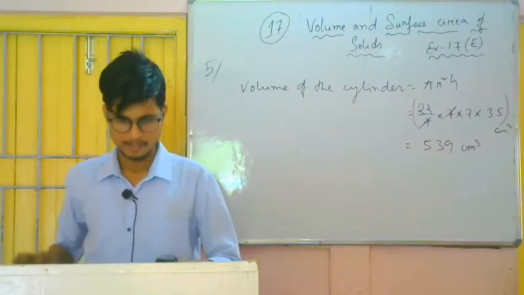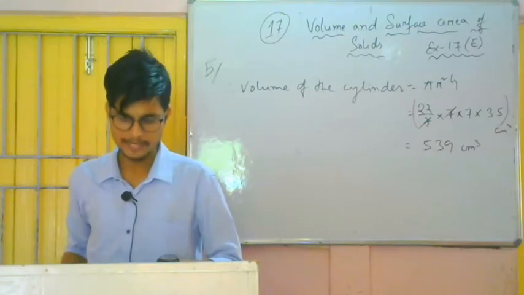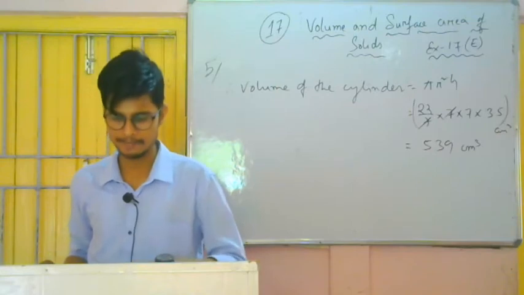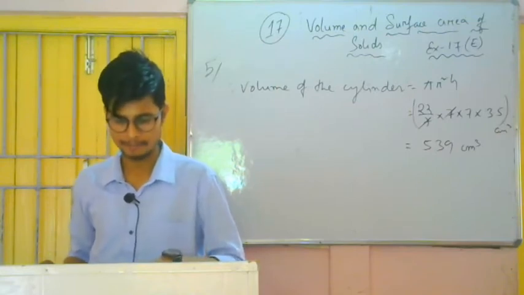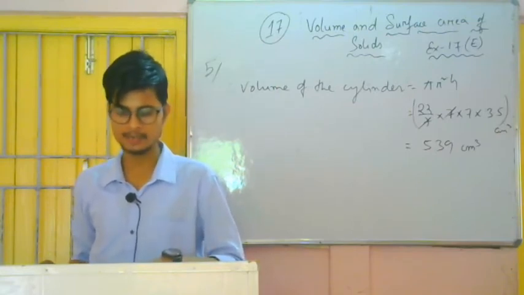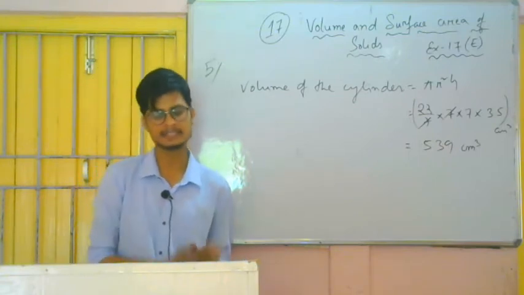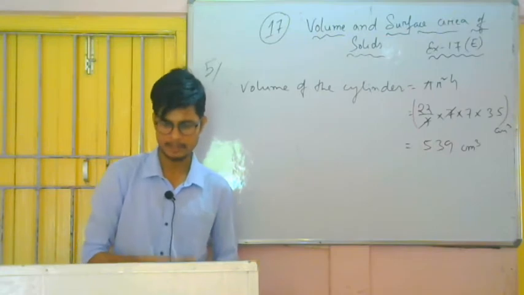If the base radius of a right circular cylinder is halved, keeping the height same, find the ratio of the volume of the reduced cylinder to that of the original cylinder. So first of all, by keeping the radius and height same, I will find the volume.